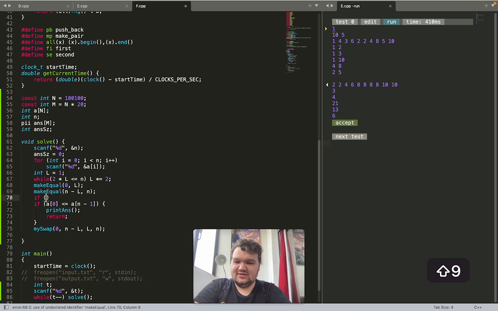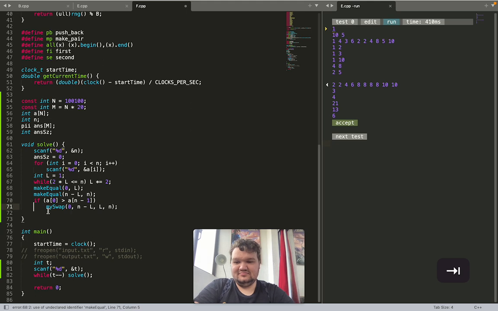Okay, let's do it like that. Then I don't have to actually write a separate print function because I call it only once here, so I can just print.